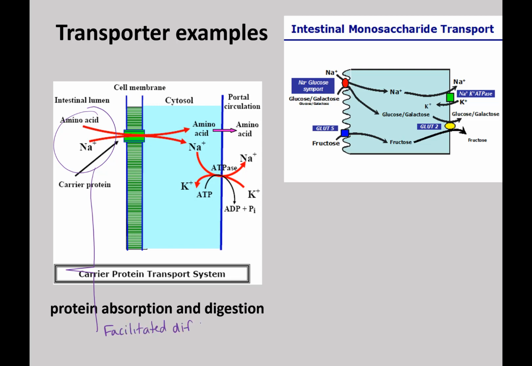You don't see ATP, it's got to be diffusion. Facilitated because this represents a protein, and it's symport. Two types of molecules going in the same direction. Then that amino acid is moved by uniport, and here is, and what they should draw in here is a protein. Here is the sodium-potassium pump, okay, which is an example of active transport.